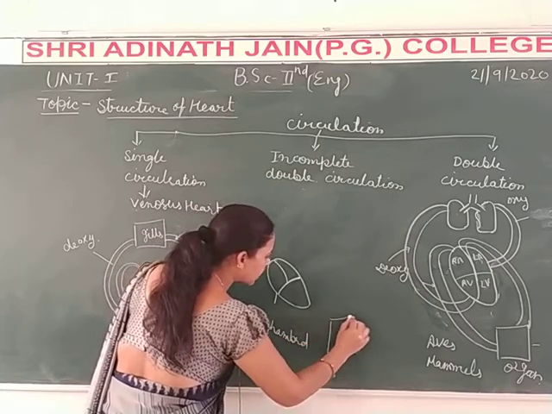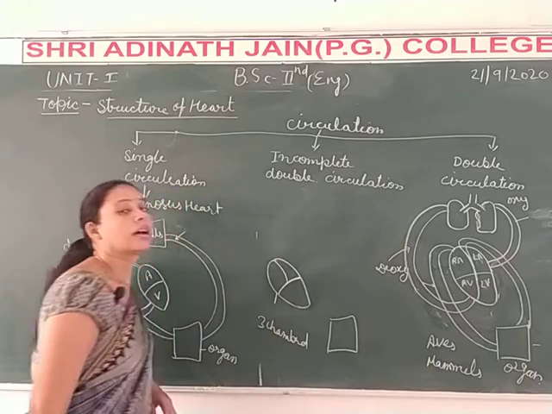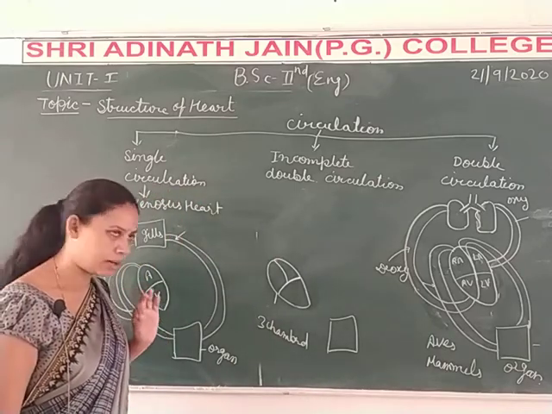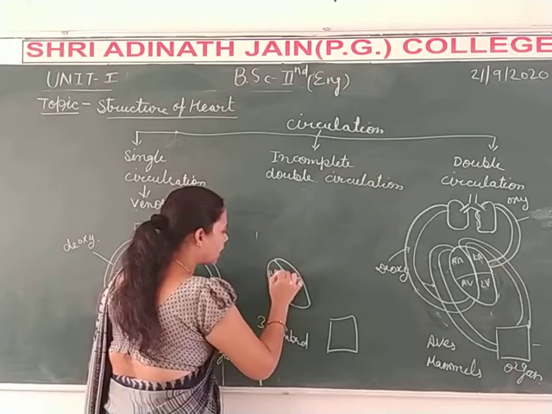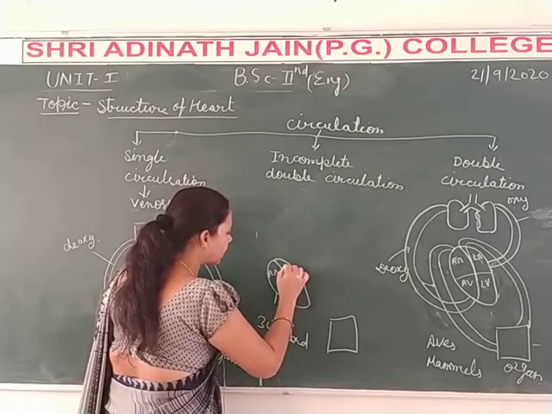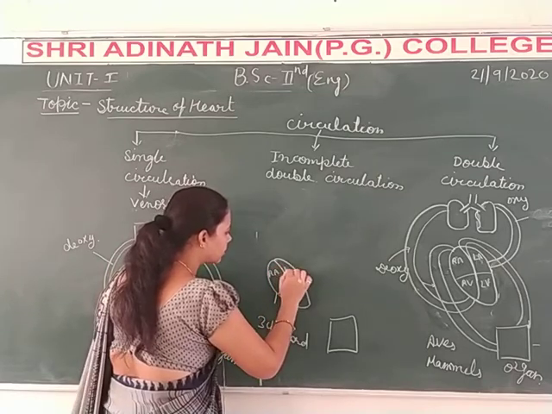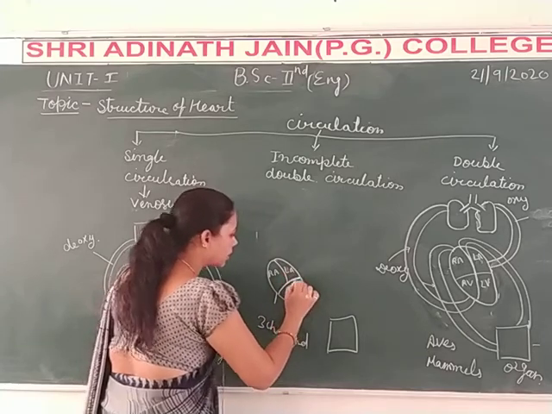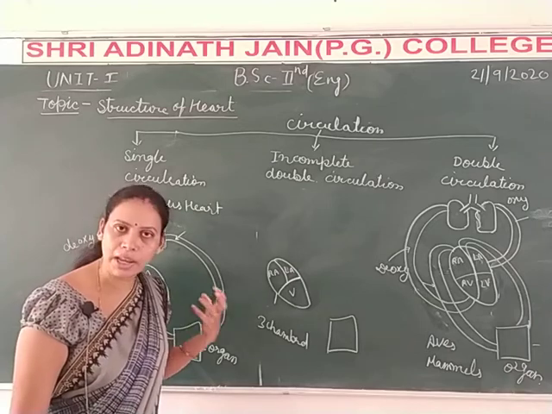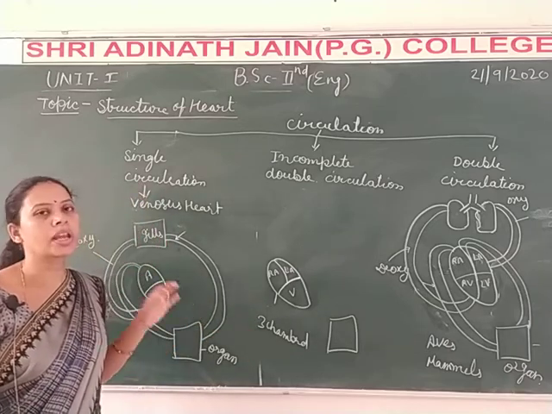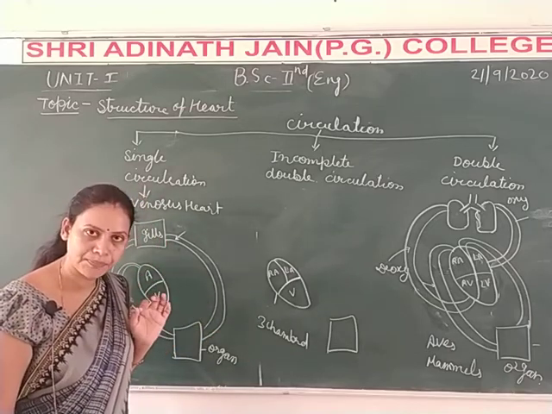It means in these animals, two auricles are there, but there is no partition in the ventricle area. So they have only one ventricle.